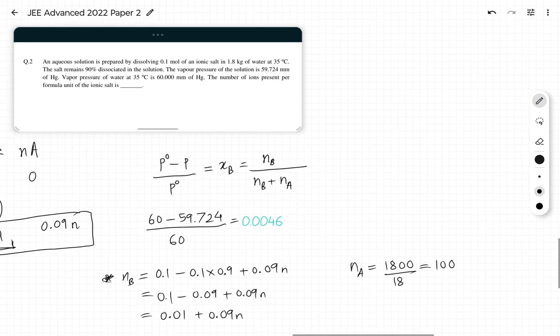So XB is 0.01 plus 0.09 n divided by NA plus NB.